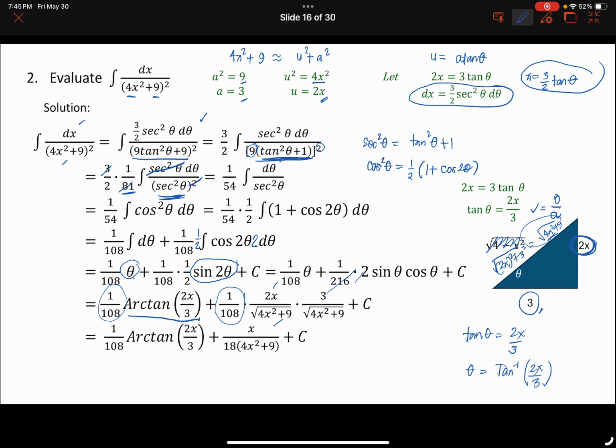So 108 divided by 6 is 18. That's why we have 1 over 18. And then for the numerator, we have x. And then for the denominator, we have 4x squared plus 9. Plus, do not forget the constant of integration. So we have the plus c.